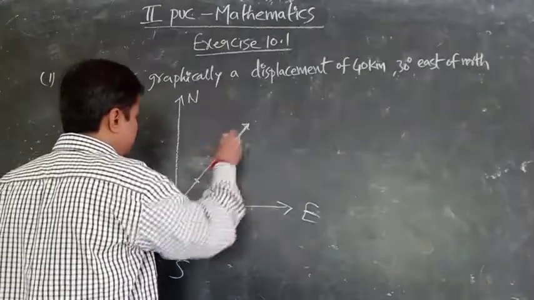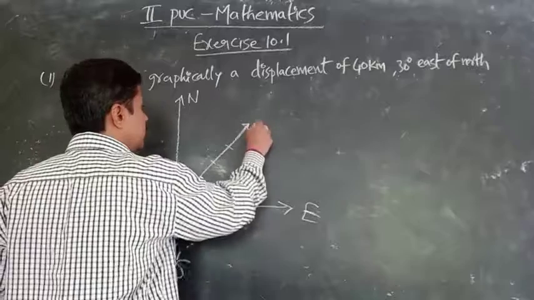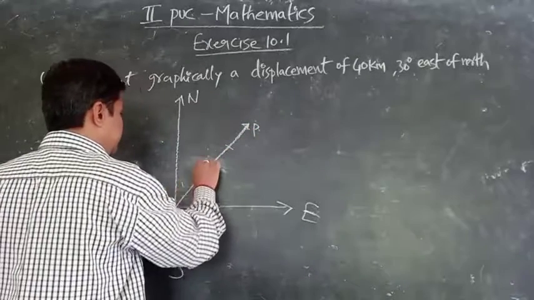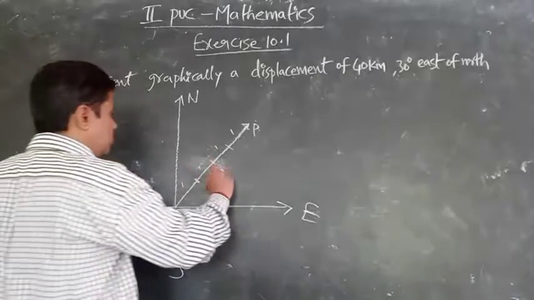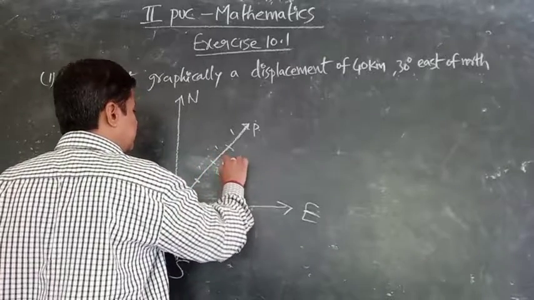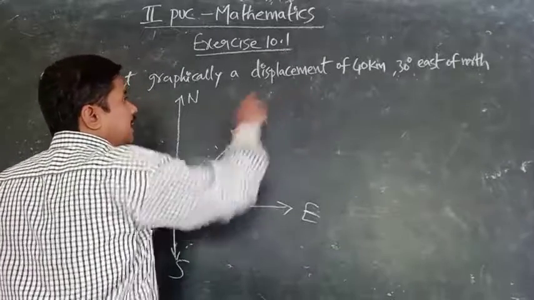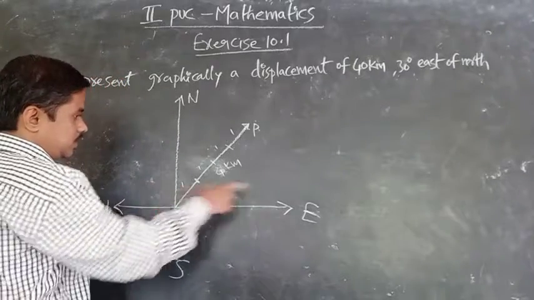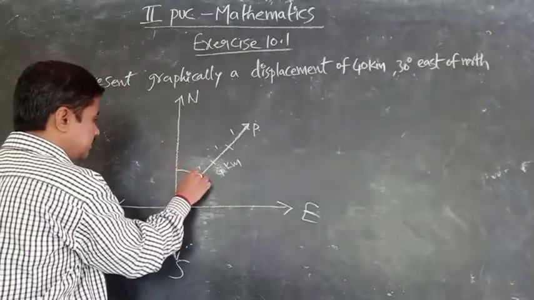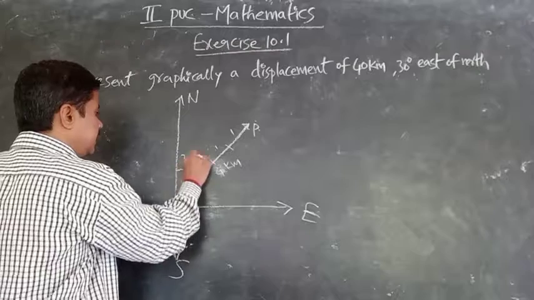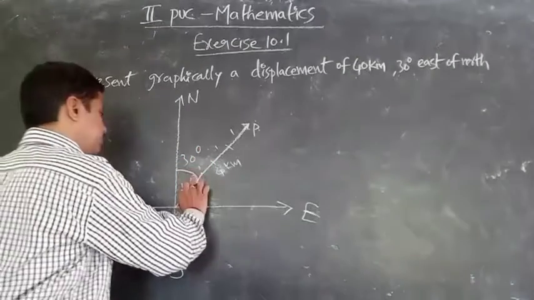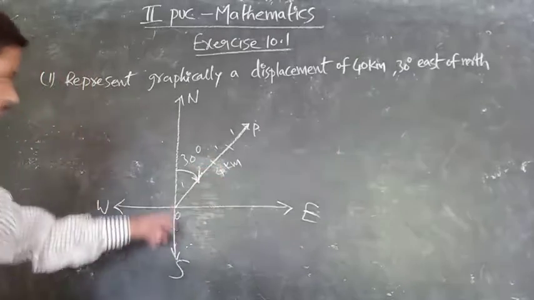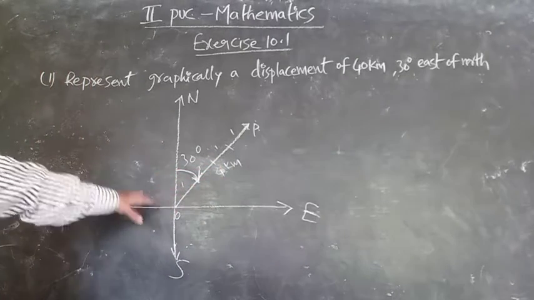This is O and this is P. So 1 unit is 1 kilometer, understand? And 30 degrees east of north, so like this, 30 degrees east of north. Like that you can represent it.